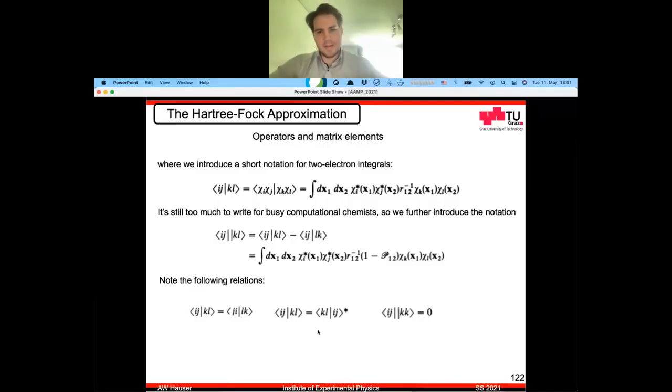Then since it is this scalar product of the state vector with its dual space vector, it also fulfills the constraint that if you take the transpose and the conjugate, it is identical.